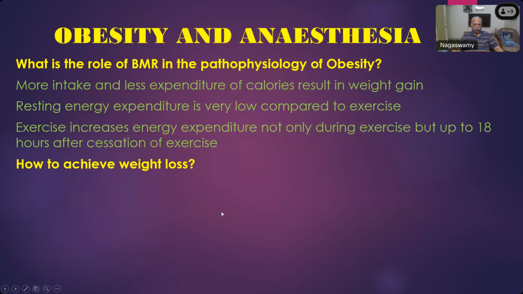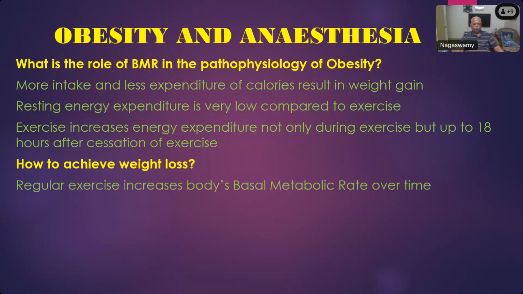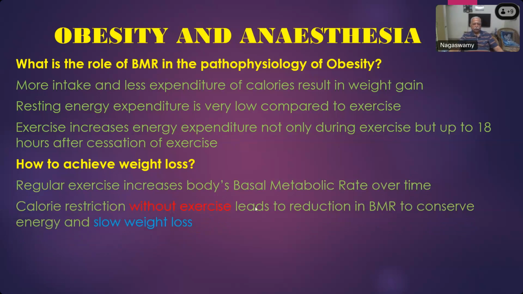Regular exercise increases the basal metabolic rate over time, and calorie restriction without exercise leads to only reduction in BMR to conserve energy, and the weight loss will be very slow. So both should be combined together. You must reduce calorie intake, and at the same time you should do exercise to increase the metabolic rate over time.